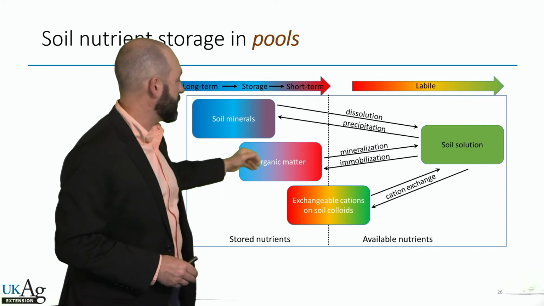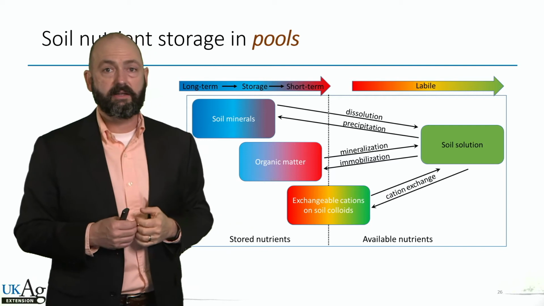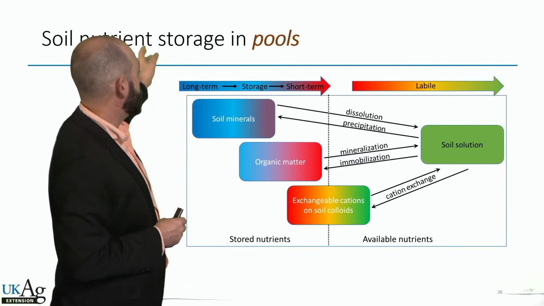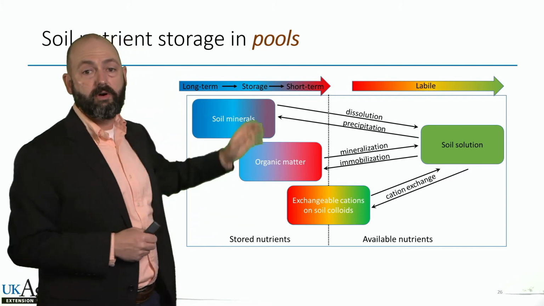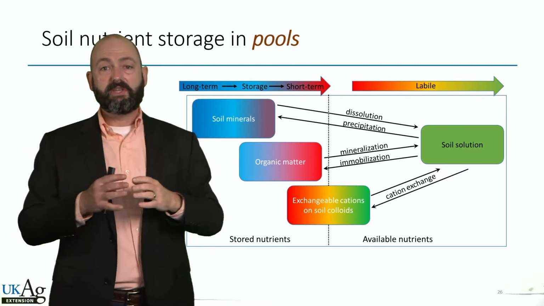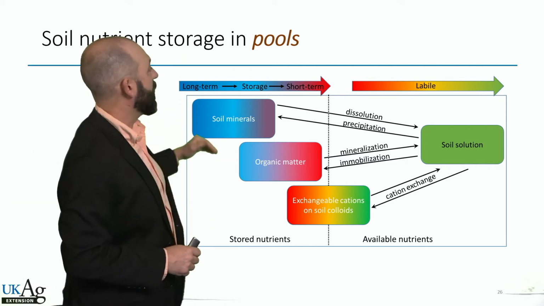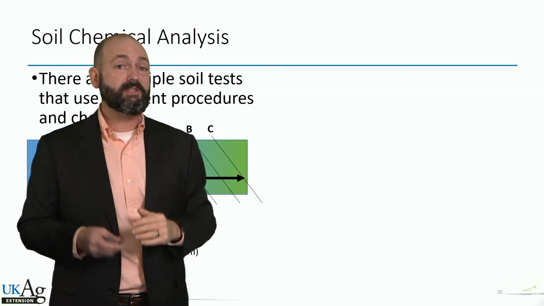So that CEC, that exchangeable nutrient, is available pretty immediately. Whereas organic matter takes a little time to break down and mineralize. And then you have this longer term storage in that mineral pool. But this storage is from long term to short term, and it kind of represents the buffer capacity of how the soil buffers what's in the soil solution. And that's the basis of soil fertility.